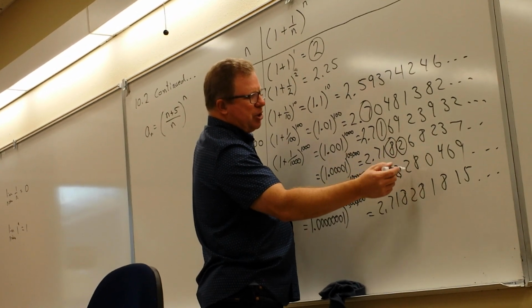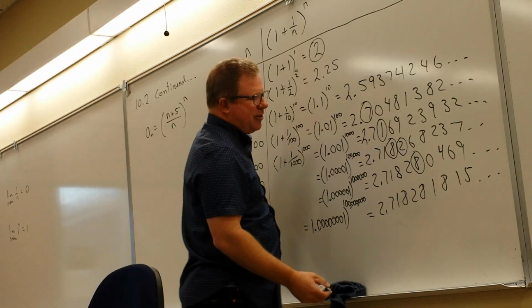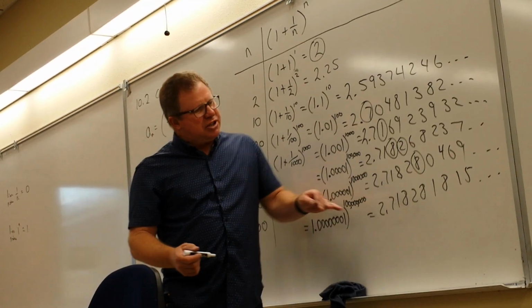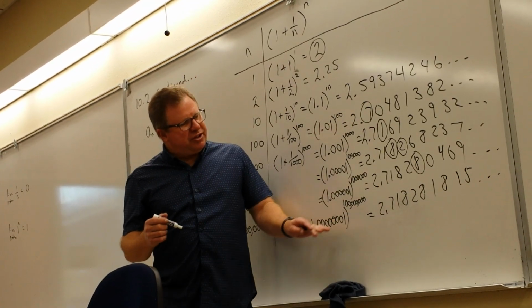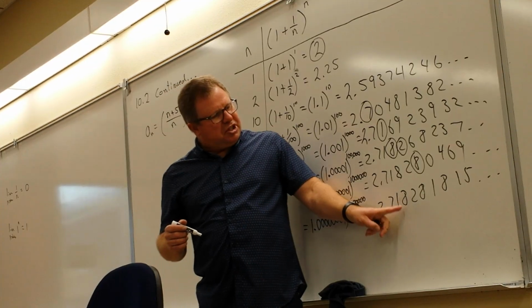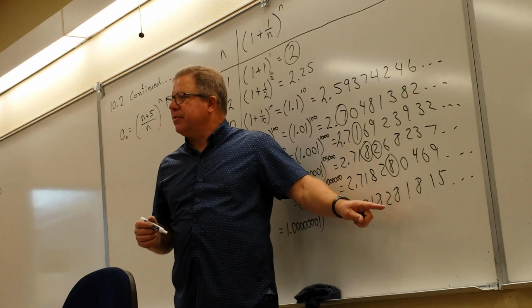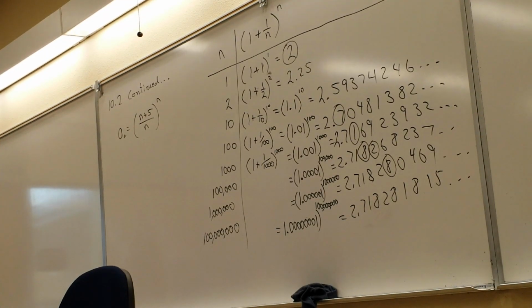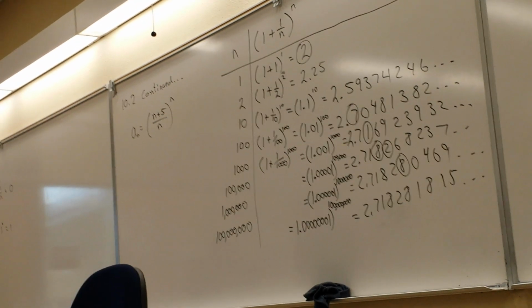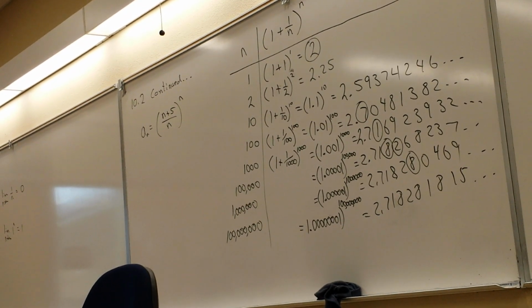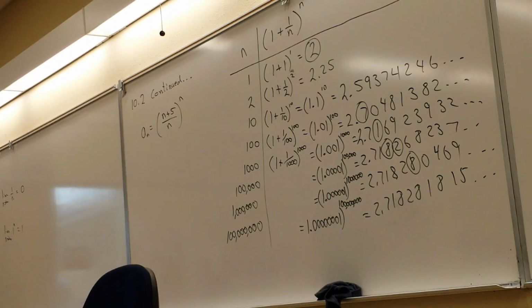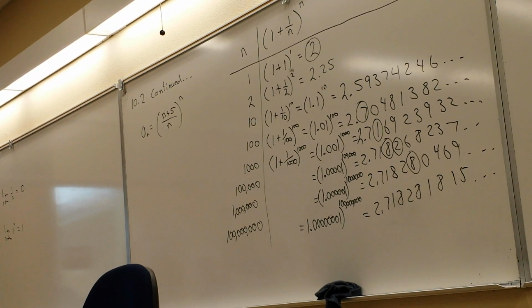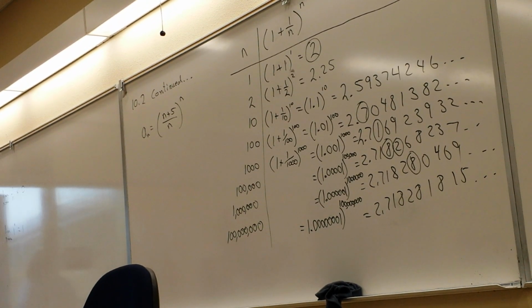As we go further and further down this list, more and more digits are going to lock in. Does that make sense? Whatever number that is, when all the digits to infinitely many decimal places have locked in, whatever that number is, that's e.